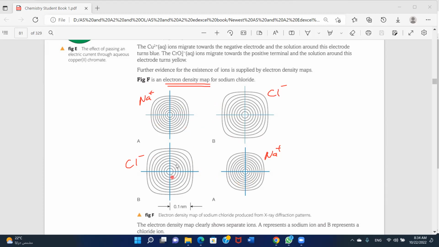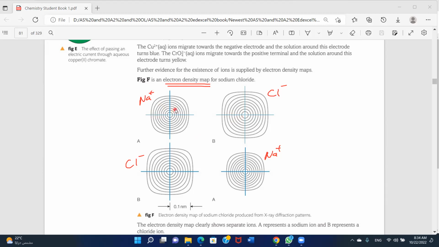This shows that within the ionic compound, we don't have only one sodium ion and one chloride ion, but we have lots of positive ions and negative ions. All the ions together are attracted to each other by the electrostatic attraction force. Not only one sodium attracted to one chloride.